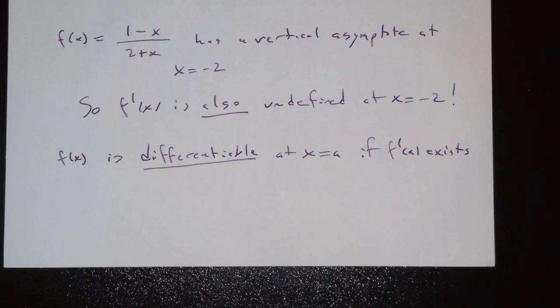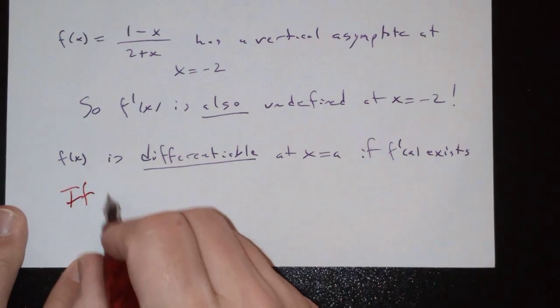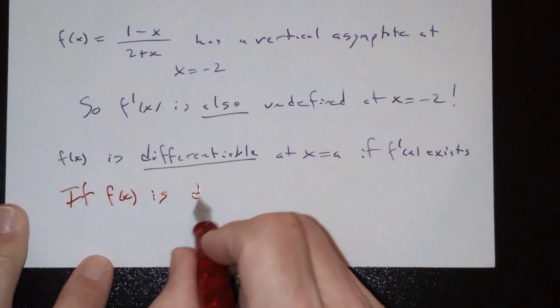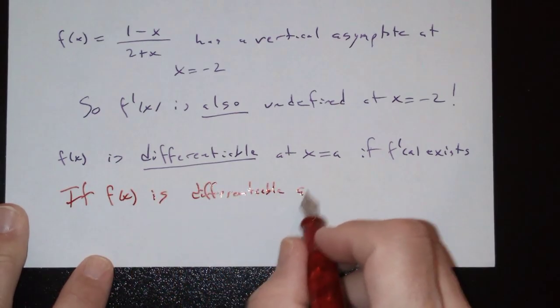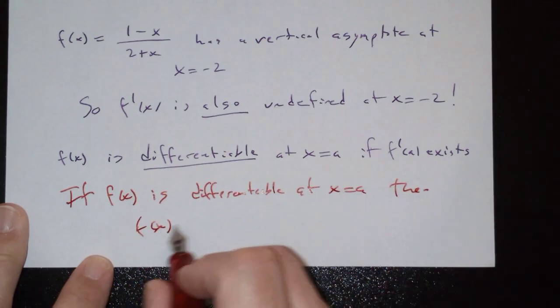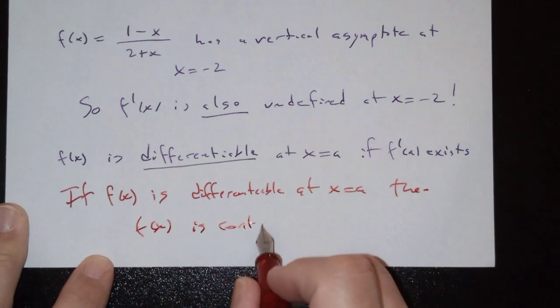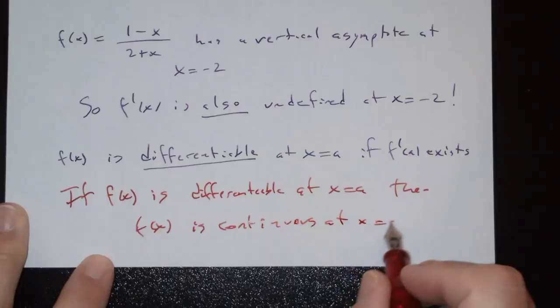As a matter of fact, it turns out that there's this really nice result. If f of x is differentiable at a point, then f of x is continuous at that same point.